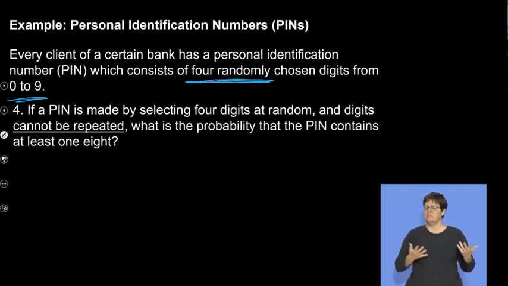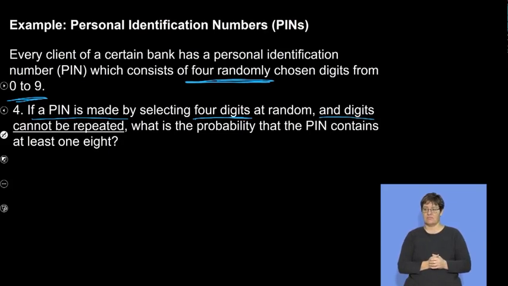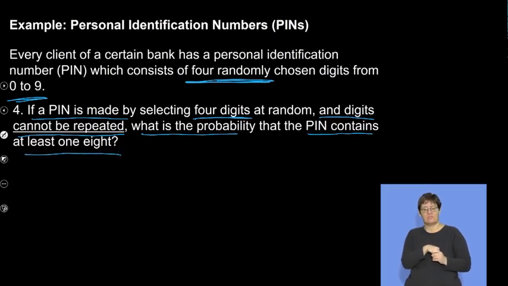What is the question here? If a pin is made by selecting 4 digits at random, and digits cannot be repeated, very important, digits cannot be repeated here, what is the probability that a pin contains at least one 8? So we cannot repeat the digits. Okay, let's see.